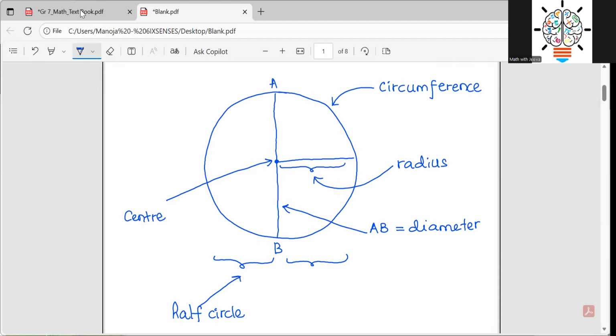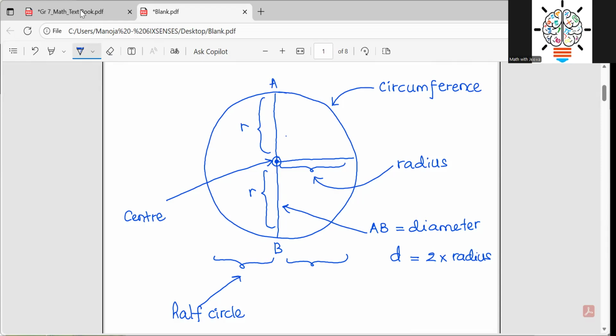If I mark the center as O, AO is a radius and OB is also a radius. That means diameter D is equal to 2 times radius. This portion is radius and this portion is also radius, so 2R, 2 times radius, is the diameter.